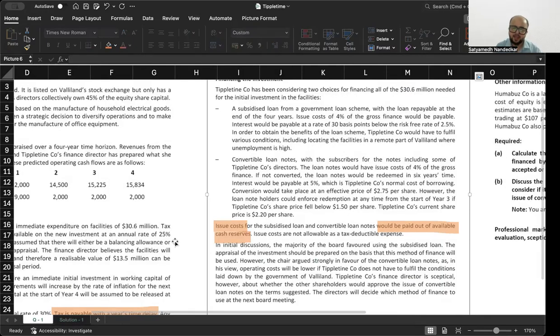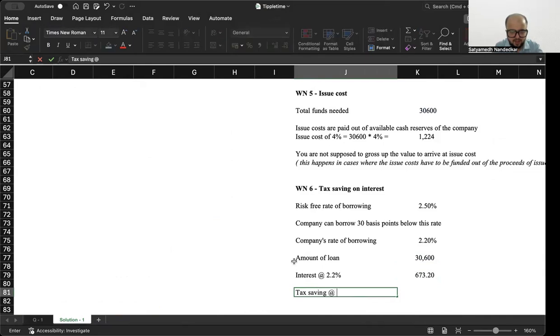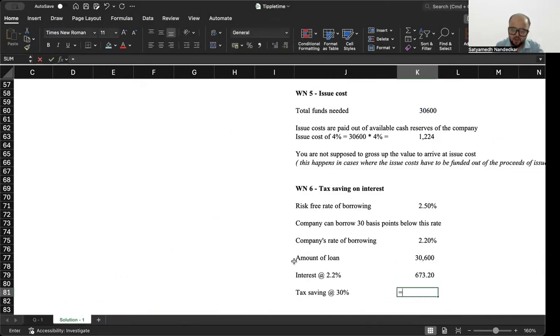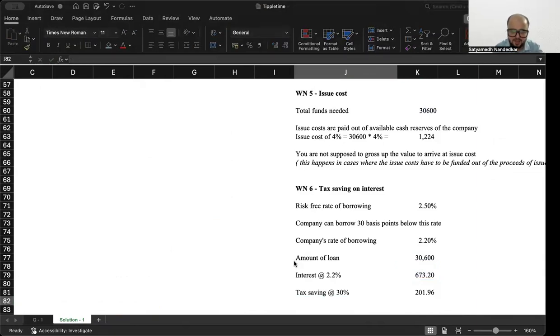And then of course there will have to be tax saving on this. So what is tax saving? At the rate of 30%, this into 30%, 201.96.